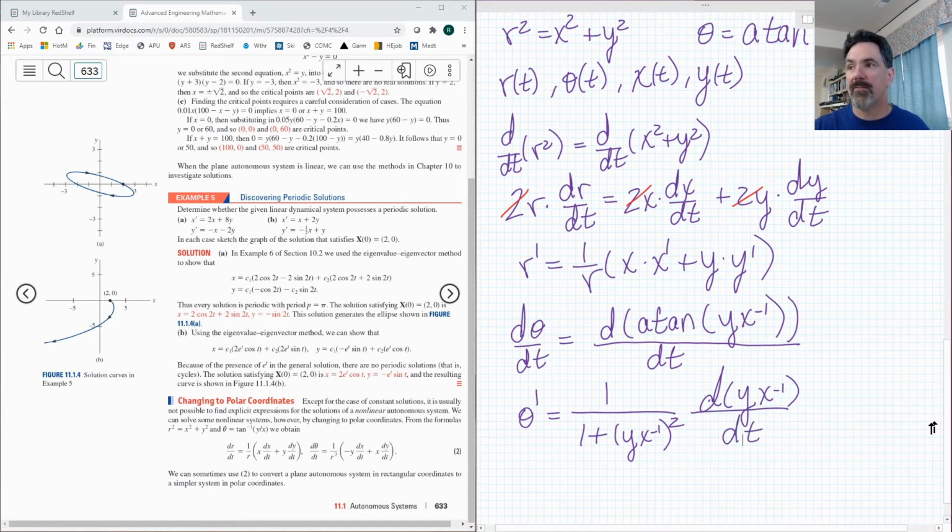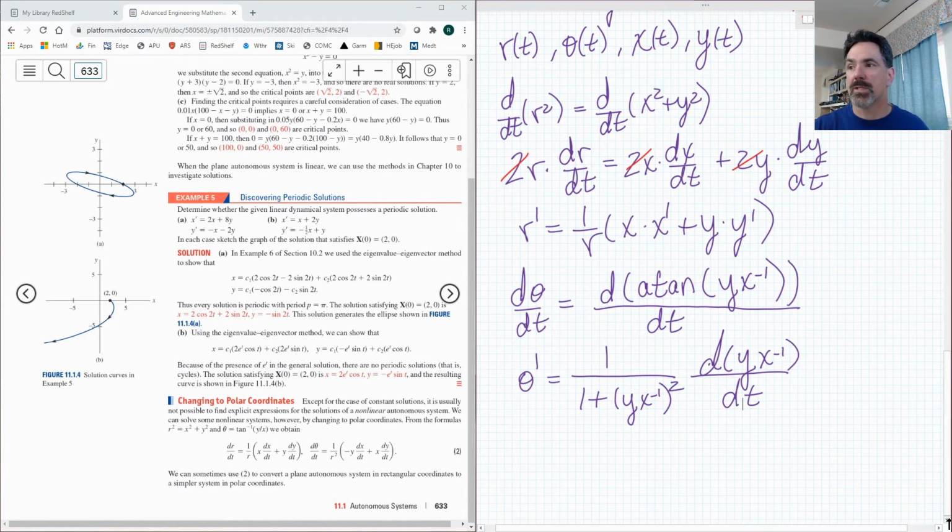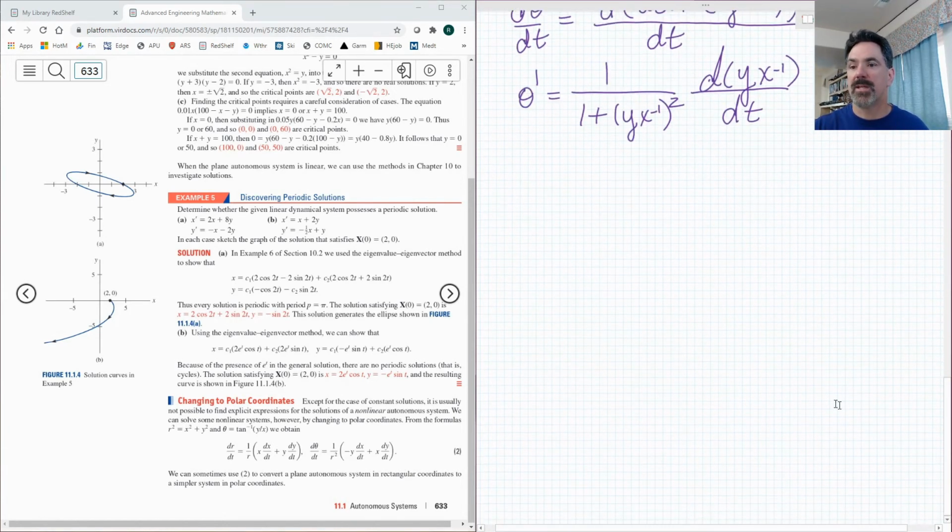And now we're going to have a series of chain rules. Let me provide a little bit more space here. So continuing on, we have theta prime is equal to 1 over 1 plus, expanding, this is y squared x to the negative 2. And then the derivative, this is going to be product rule.